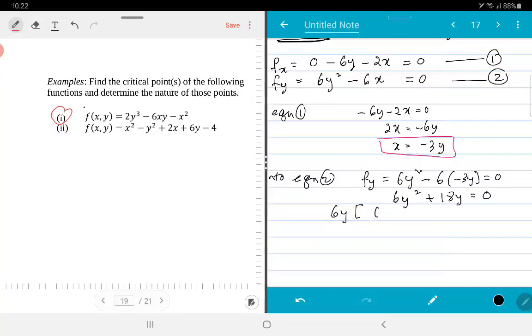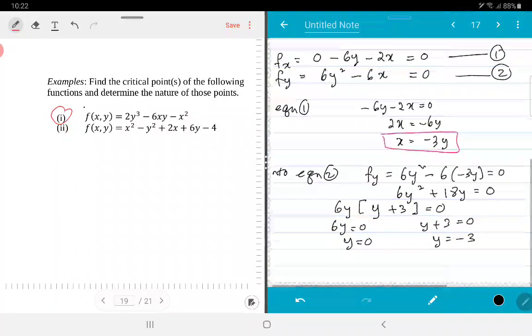So you get 6y times y plus 3 equals 0. So it's either 6y is 0 or y plus 3 is 0. From here we get y is 0, and the other, y is negative 3.